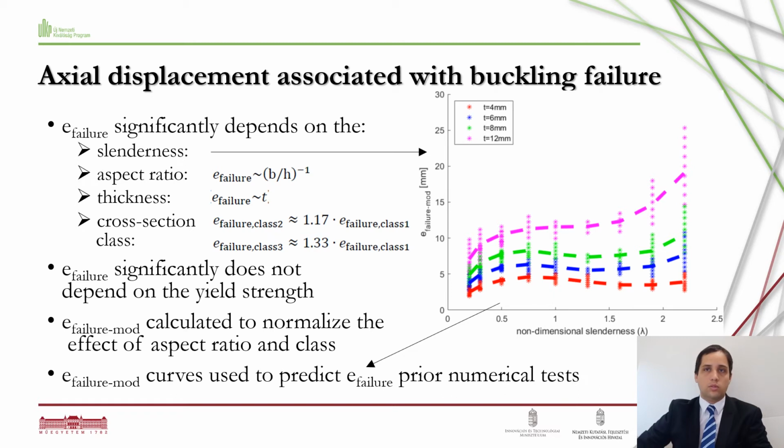The axial displacement at failure depends on slenderness, aspect ratio, thickness, and cross-section class. These dependency functions are determined and used to predict the axial displacement at failure for all the 6,500 virtual experiments.